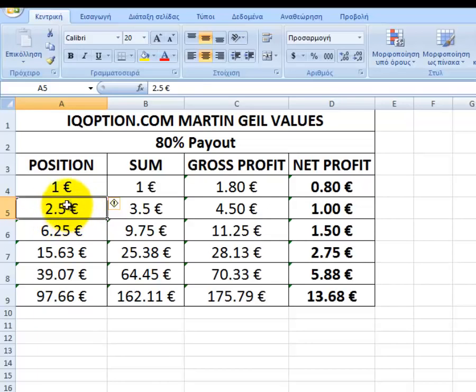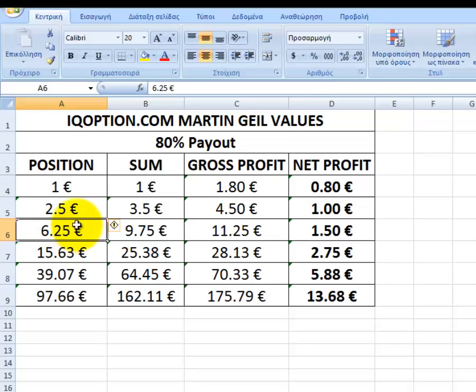If we lose the second position, then we will open a third position multiplying the investment of €2.5 by 2.5 equals €6.25.